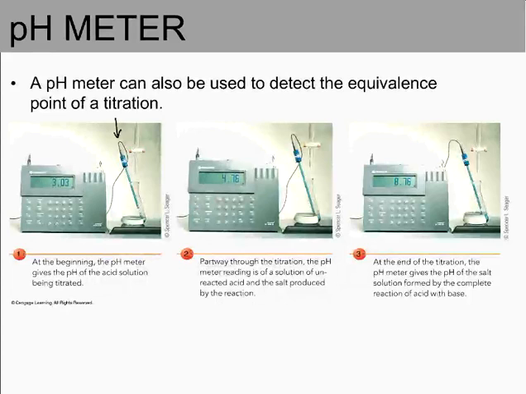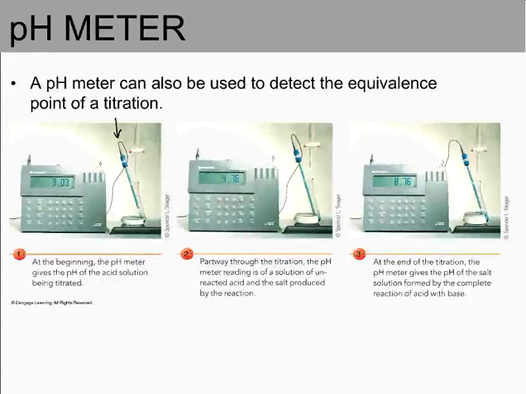That's called a pH electrode or pH meter. And on the bottom of that pH meter is a small glass bulb, and that bulb can read how many ions are in solution. And then it can turn that into a pH value.